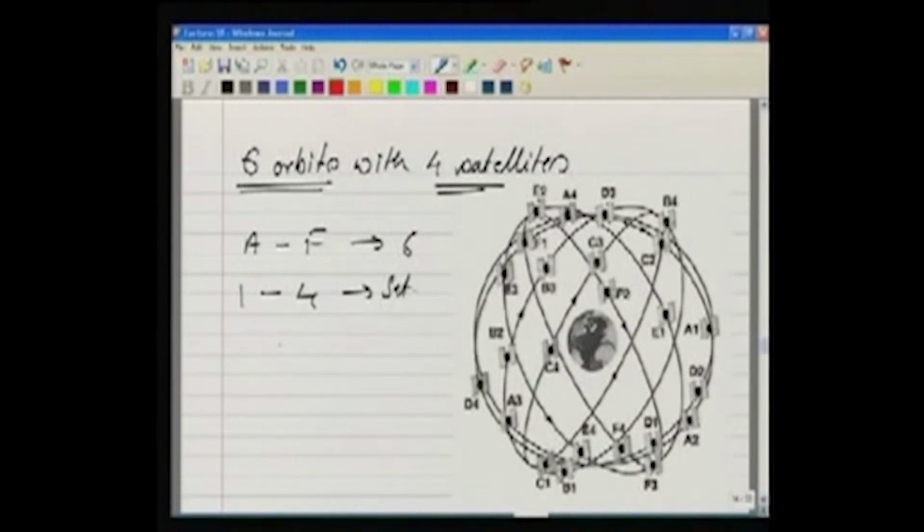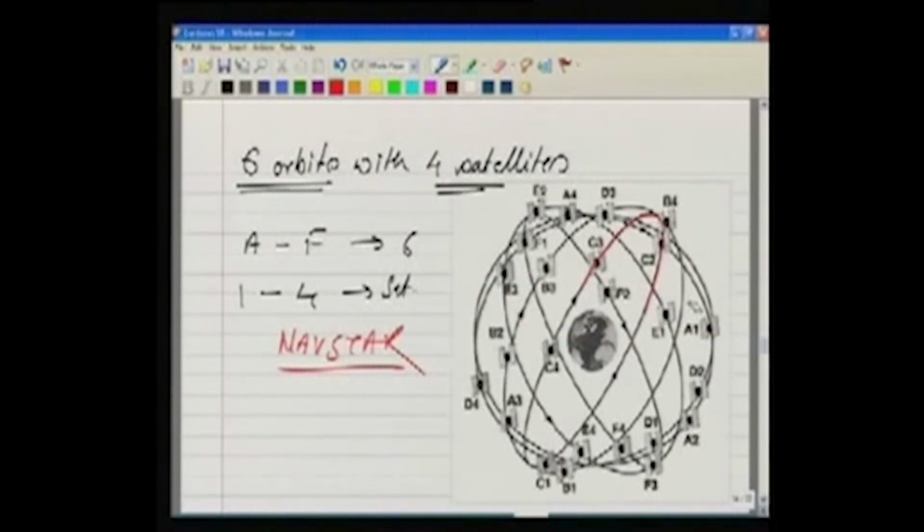Again, when I say GPS, I mean Navistar here. And as we are asking, why are these satellites positioned this way, why are these orbits given this way, why this one, why not an orbit like this?